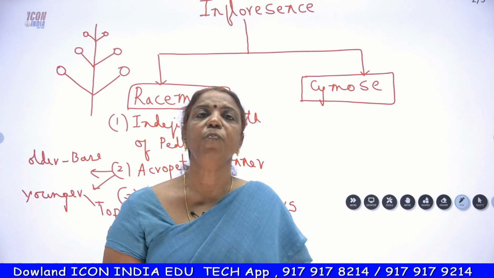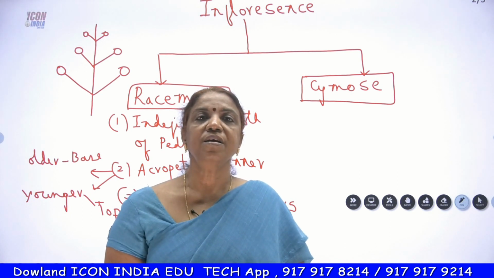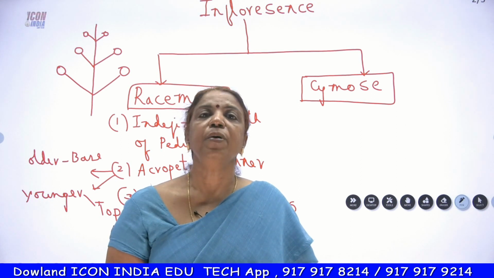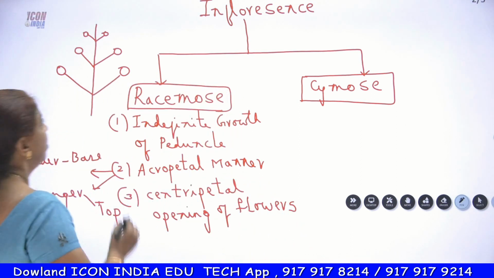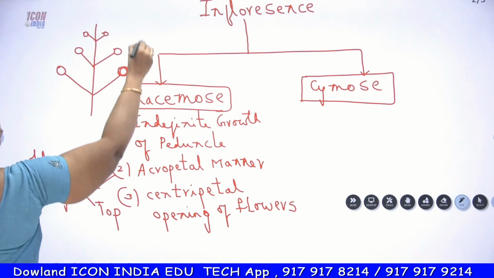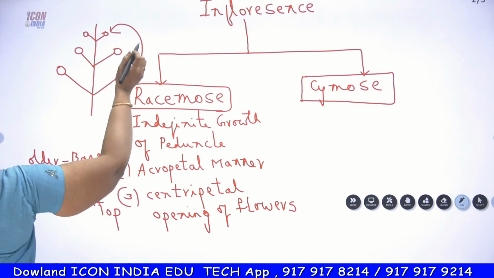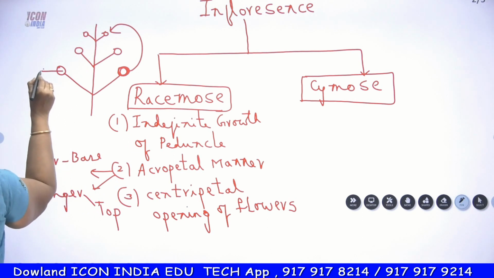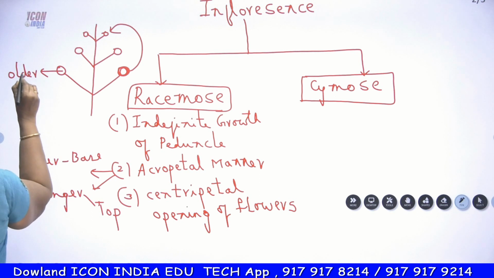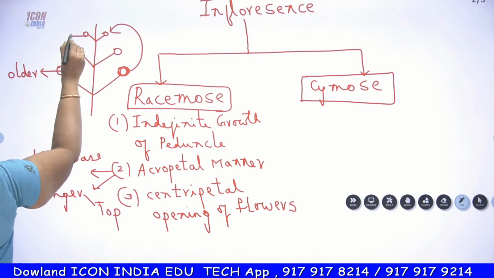The next is opening of flowers. In the case of racemose inflorescence, the opening of flowers is from periphery to the center. This is an older one, and this is the younger one.